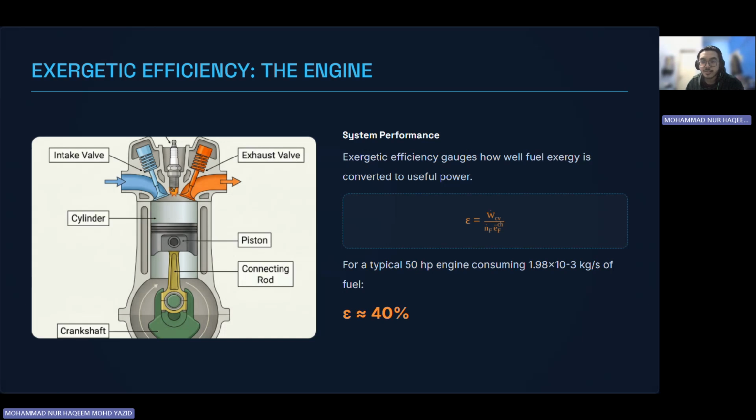Exergetic efficiency gauges how well fuel exergy is converted to useful power. For useful power, you can see the formula as such: the work divided by the fuel exergy rate. A typical 50 horsepower engine consumes about 1.98 times 10 to the power of negative 3 kilograms per second of fuel. So we can say that the efficiency is around 40%.